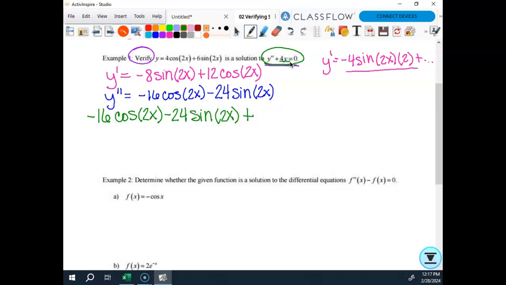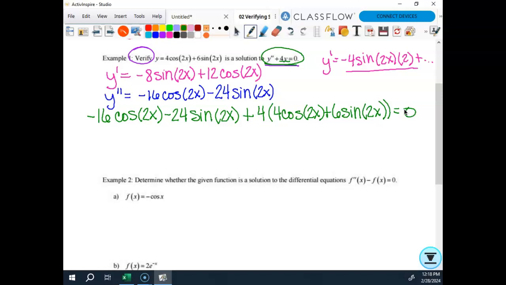Well, y has more than one term, so when I put that 4 there, I want to open my parentheses and have 4 times the cosine of 2x plus 6 times the sine of 2x. And that is supposed to equal 0. Even if you can see what's happening right now, you're verifying, which means you have to show the process. Your work is your answer here.